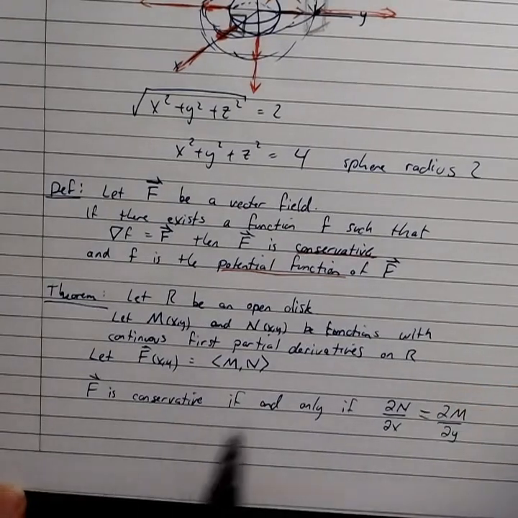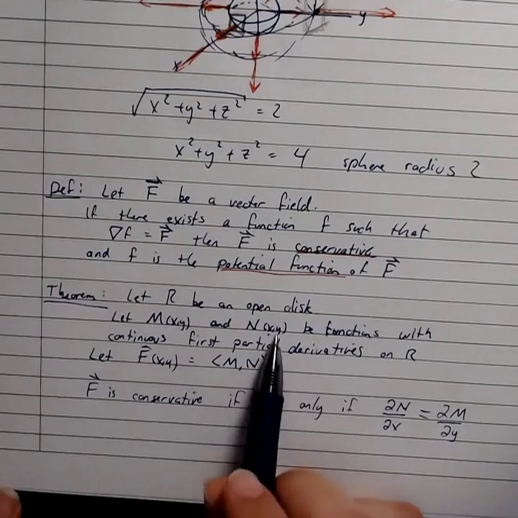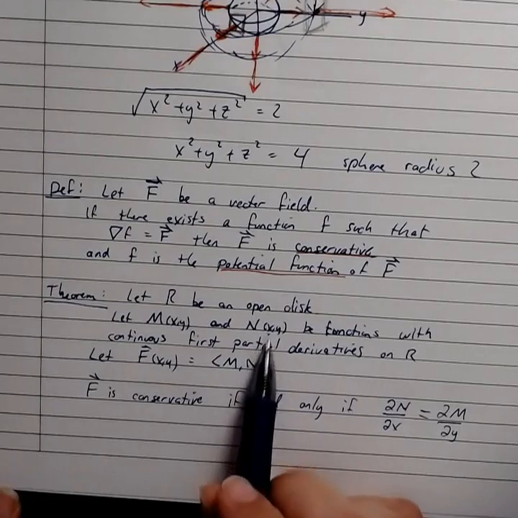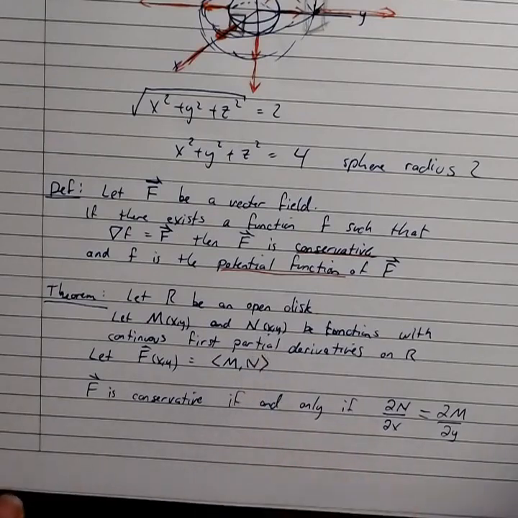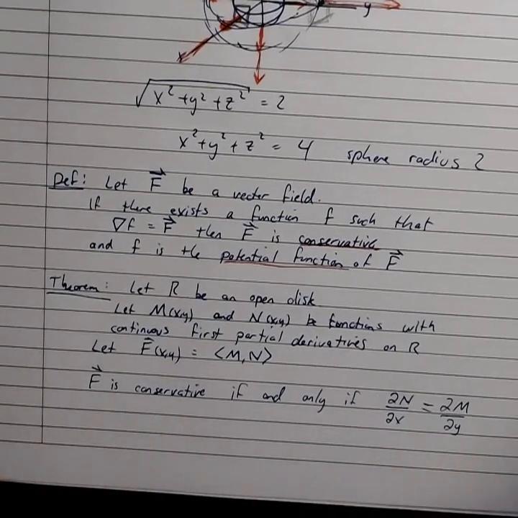Or in other words, if I take my first component and take the derivative with respect to the second variable, that should be the same as if I took the second component of my vector and took the derivative with respect to the first variable. If that's true, then your vector field is conservative. If that's not true, then it's not.